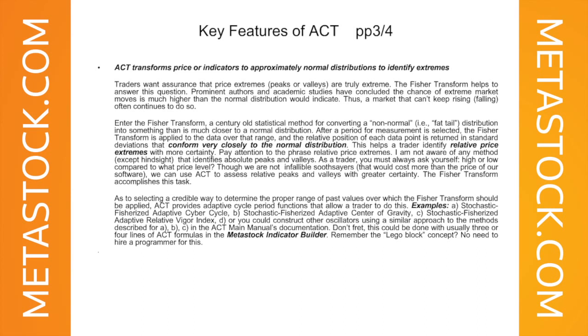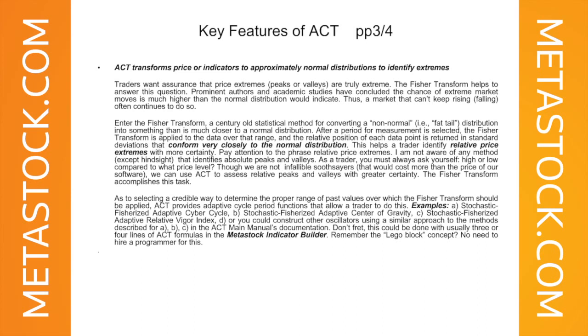And then finally, the ACT transforms prices or indicators to approximately normal distributions to better identify extremes. That's what this Fisher transform does. And it allows us to better identify a relative price extreme with more certainty, within a price range or a range of values, a certain look back.